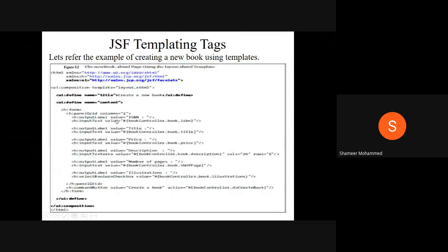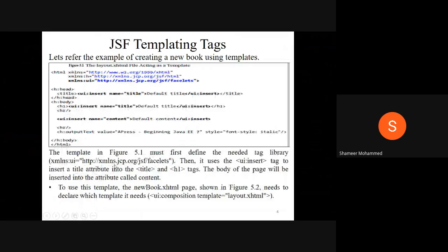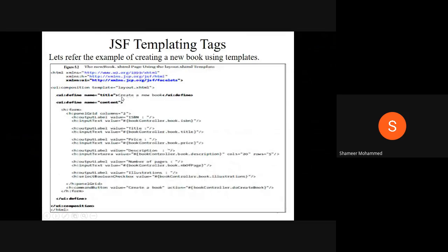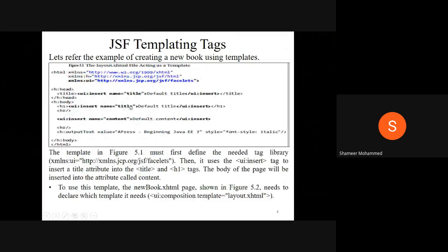So in this file, newbook.xhtml, whatever you are writing here is going to be displayed in the middle of the page, in this part. Whatever you are writing in this title is going to be displayed at the top, the header H1. Understand this one?